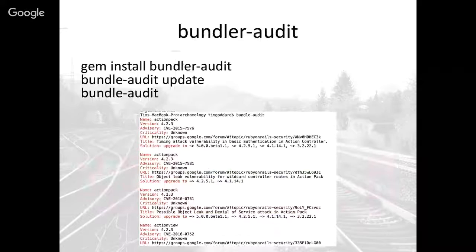The other one to go through, which I don't have as much experience with myself, but every time I talk about Brakeman, people go, "Oh, have you tried bundler audit?" So this one I've now tried, but I don't have that much experience with. What it does is it goes through all of the Ruby gems, all of the packages that you're using in your application, and checks them against a list of known vulnerabilities.